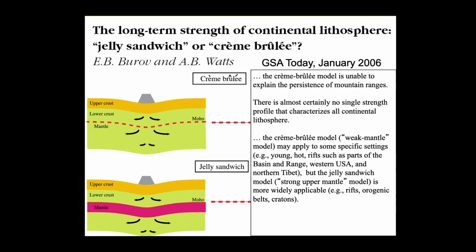Their argument was that there's almost no single strength profile that characterizes all continental lithosphere, and that the creme brulee model may apply to some specific settings, such as the Basin and Range or the Western US, but the jelly sandwich is more widely applicable. So I'm going to leave you there with that.